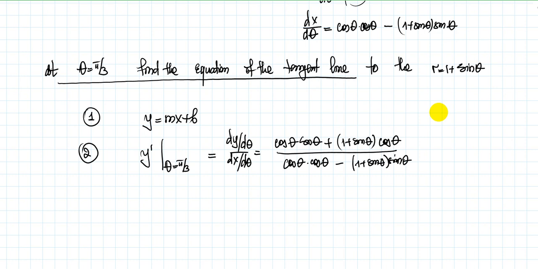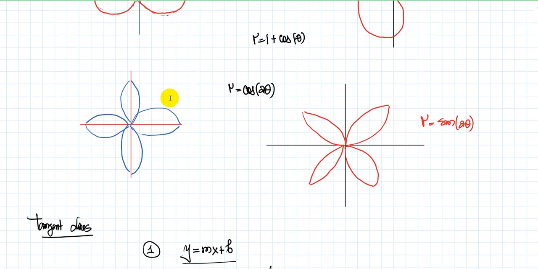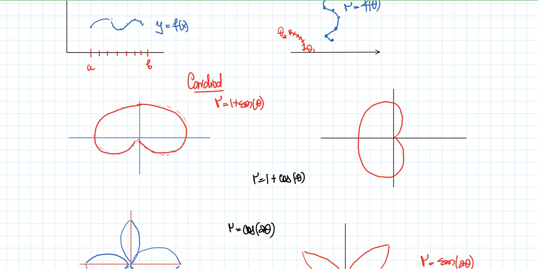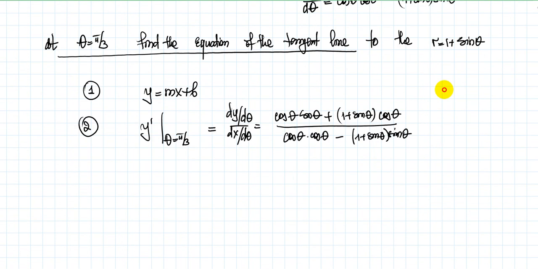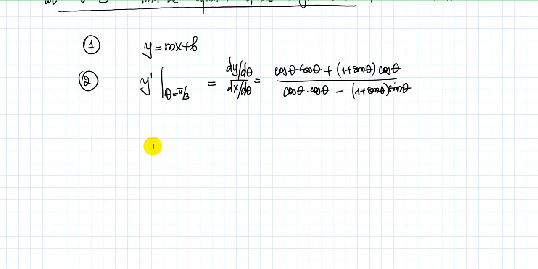Okay? If you would draw the cardioid, for different values of the theta, it would tell you the slope of the tangent lines, right?